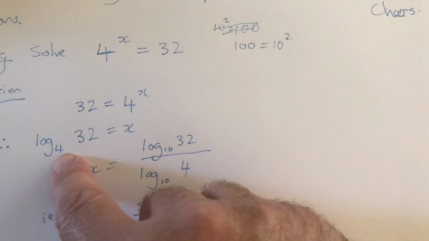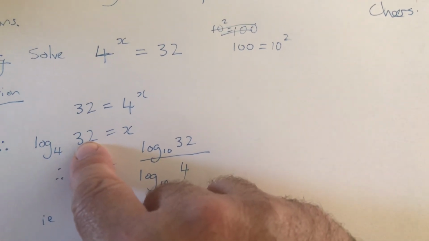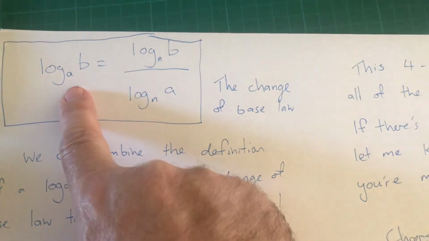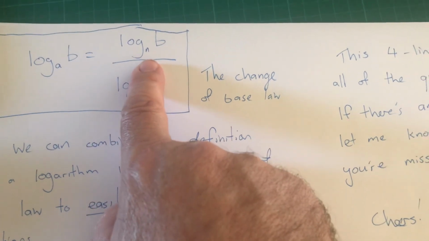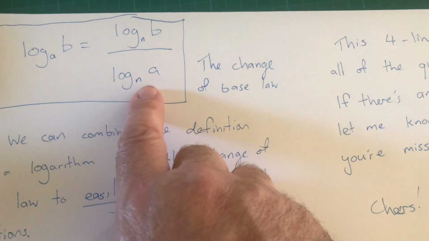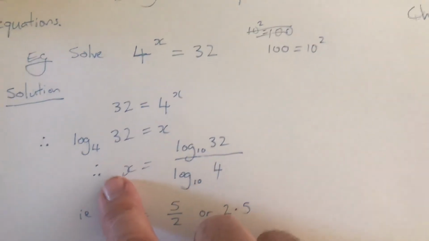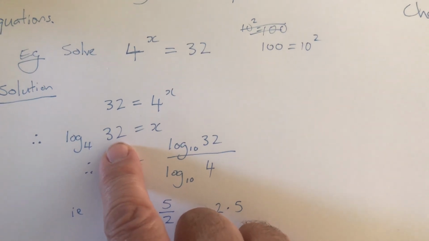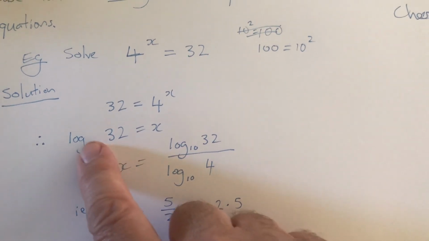Log base a of b, remember, is log base n of b divided by log base n of a. So log base 4 of 32, we're going to go to base 10 because that's what our calculator can do.